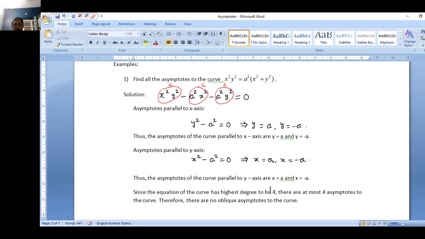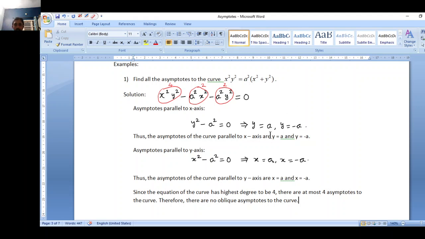I repeat, because the highest degree term is of degree 4, accordingly there are a maximum of 4 asymptotes, and because we have already got 4 asymptotes, there is no point finding oblique asymptotes because we have already got all the 4 asymptotes. Okay, I hope I have made you understand this particular part. So because of this, there is no point finding the oblique asymptotes for this particular curve.